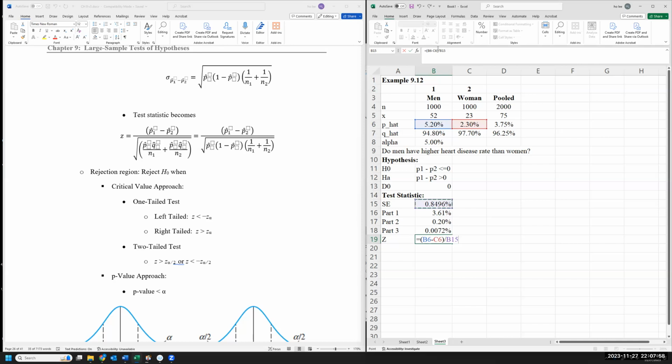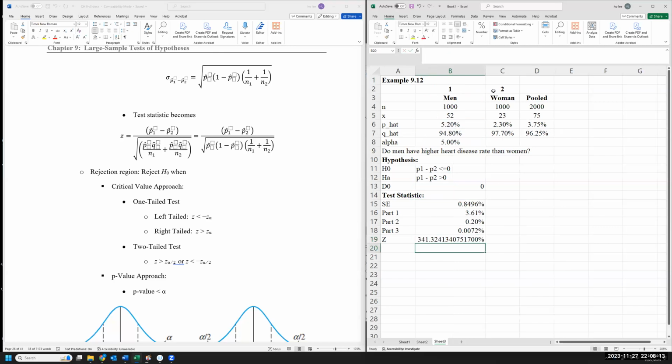Now, if you want completeness, you want to set up a template, minus the hypothesized difference, d naught. We said here it's usually equal to 0, but maybe not in the future.